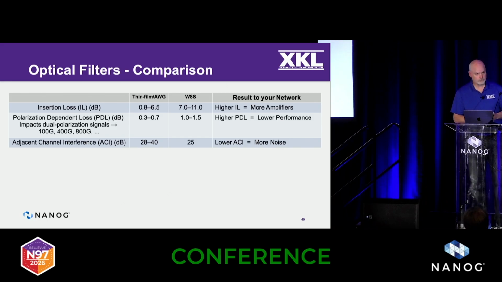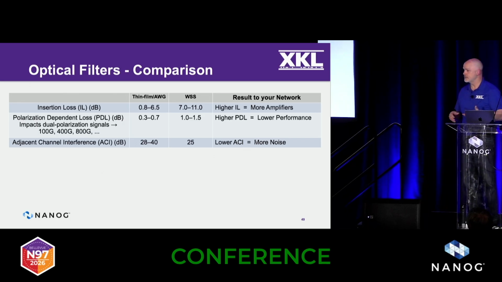PDL, polarization dependent loss. So I mentioned for the coherent signals, the modulation scheme is DP, dual polarization, DP QPSK, DP 16 QAM, etc. That means it's using both polarizations of the light. Well, PDL is a phenomenon where the insertion loss on one polarization is different than the other.